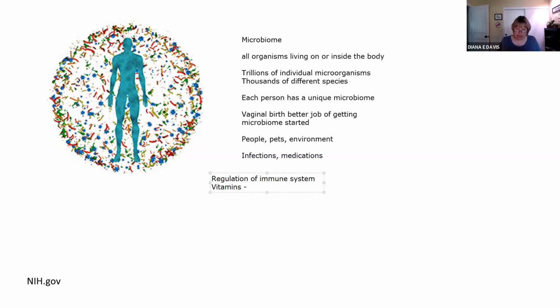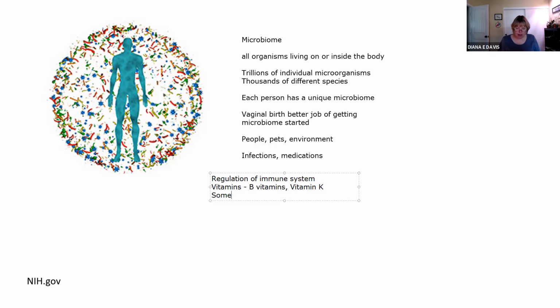I mentioned that we get vitamins from them. We get a bunch of the B vitamins, we get vitamin K. So these are things that we have to have, that we cannot produce ourselves, and we get from our microbiome.